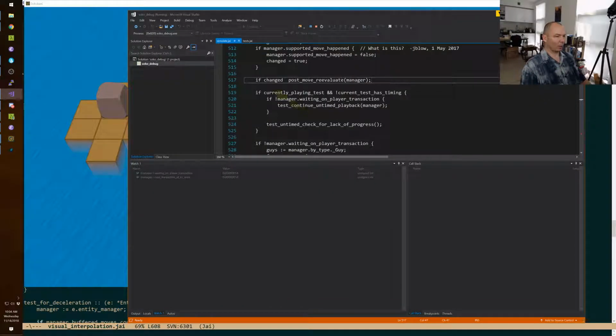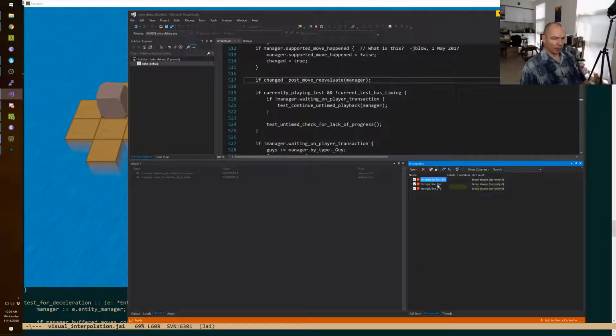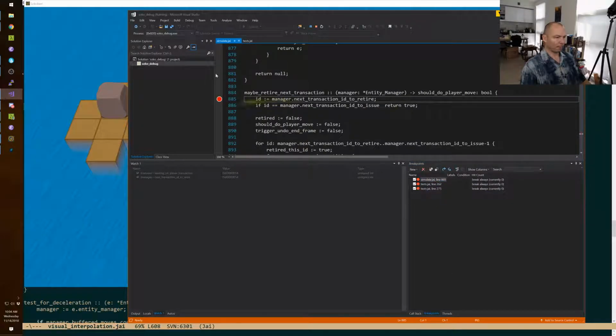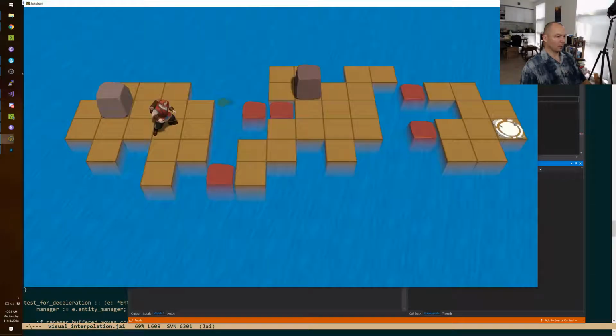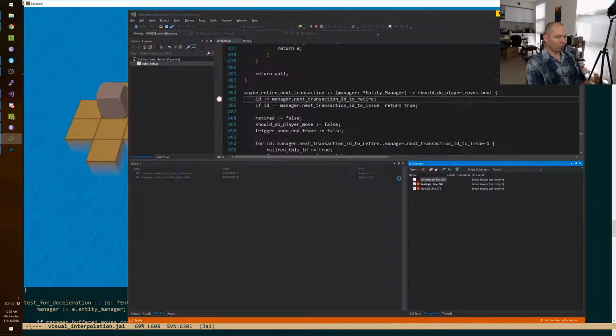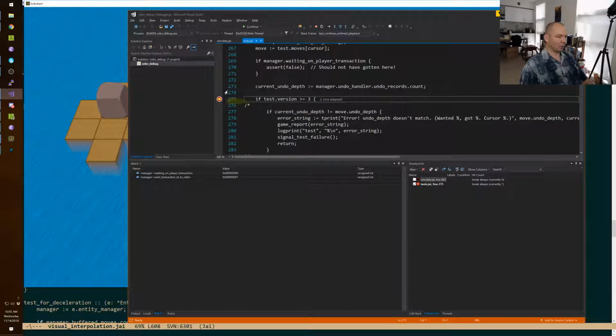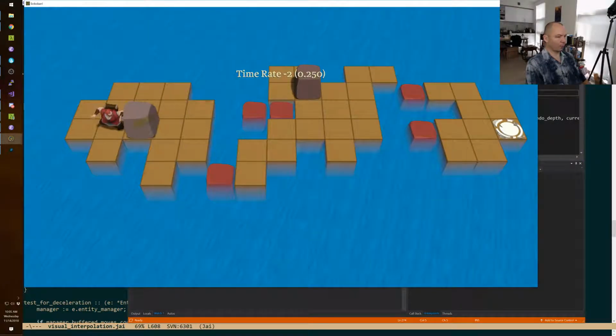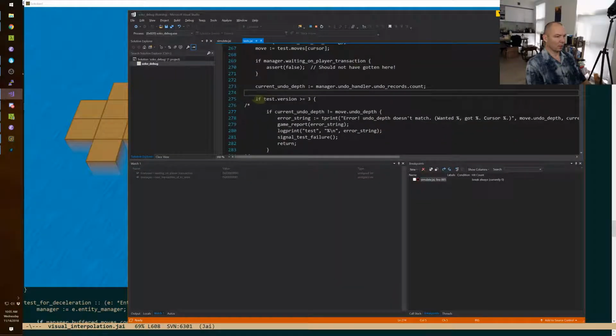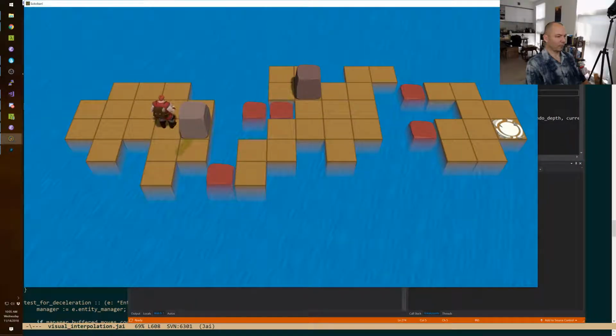Let me disable that breakpoint for a second. I guess I'm going to set the breakpoint while the block is falling. All right, these are all these old breakpoints that we set. Whoop, slow down. Take that comma out of the file.